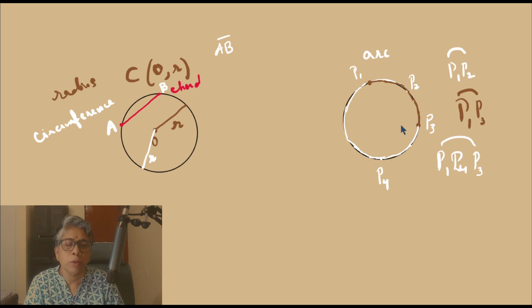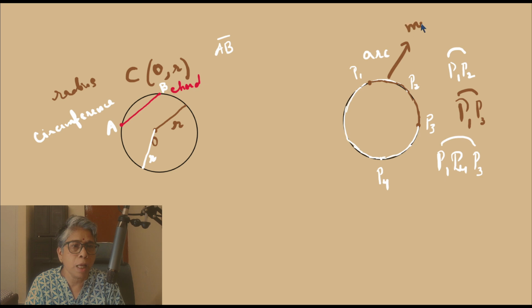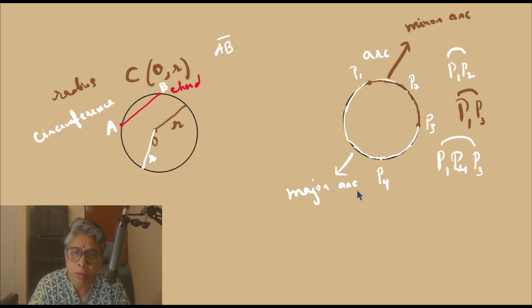The only difference is that this P1, P3 is called as the minor arc of the circle. The one which is shorter in length is called as the minor arc of the circle, and this P1, P3 or P1, P4, P3 is the major arc of the circle. This is called as the major arc.